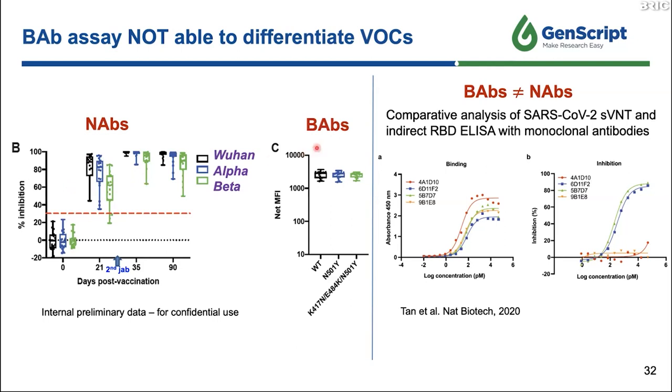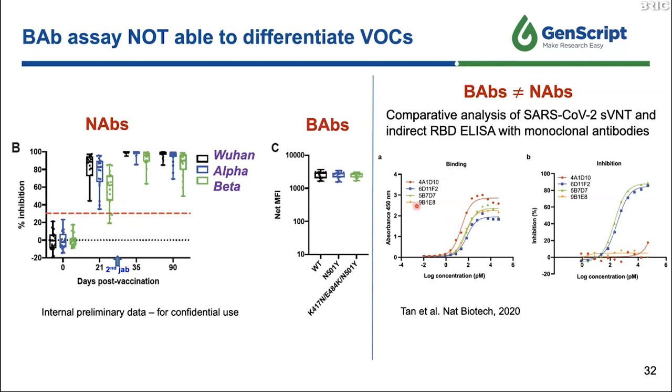However, for the binding antibody assay, it doesn't show any difference. So this means that the binding antibody assay can actually give a false signal that indicates a high level of antibody, but in reality, the functional immunity, which is the neutralizing antibodies, may have already significantly decreased against the variants of concern. So here is a very good mechanistic explanation of why SVNT can differentiate, but the binding antibody assays cannot differentiate the variants of concern.